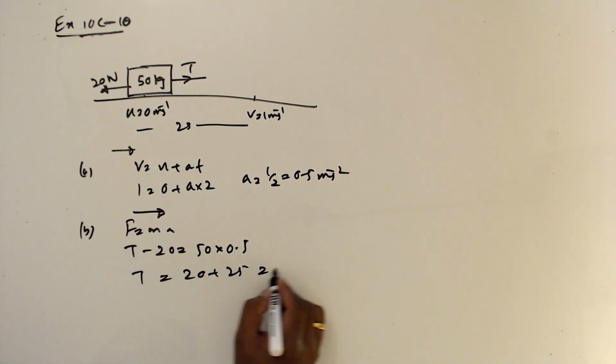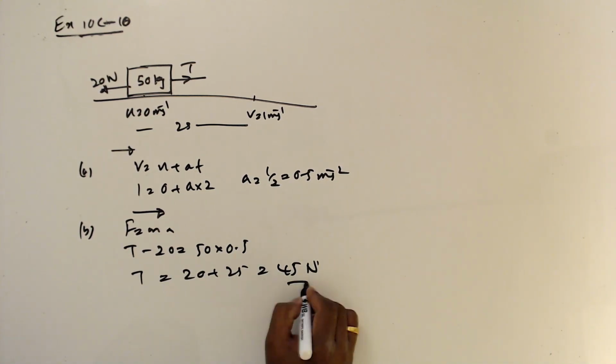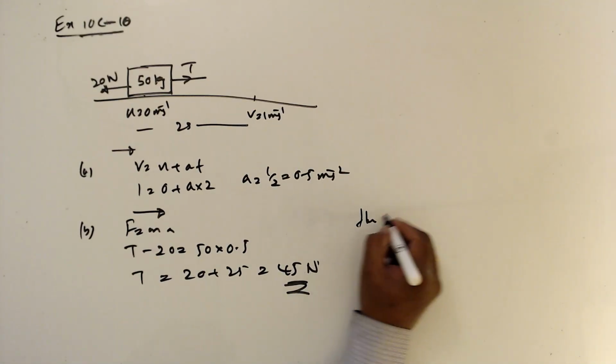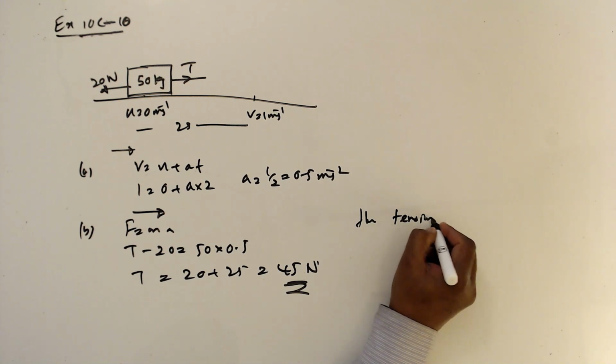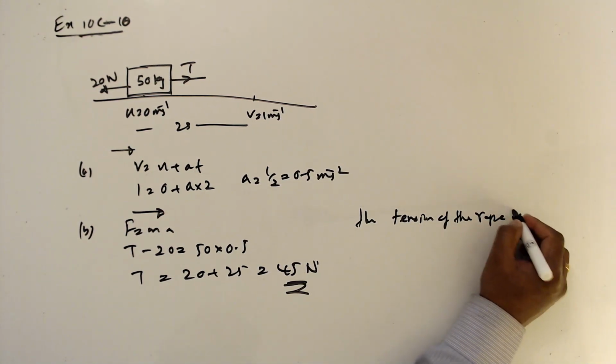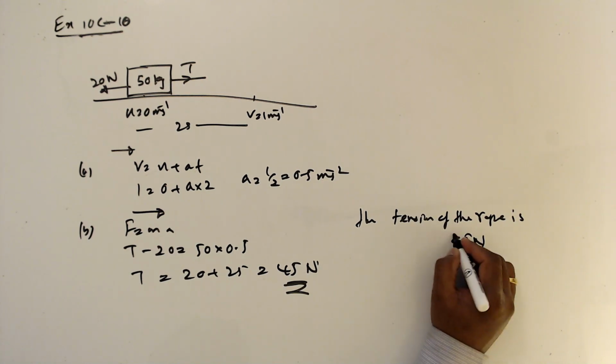So T is 20 plus 25, 45 Newton. So the tension of the rope is 45 Newton.